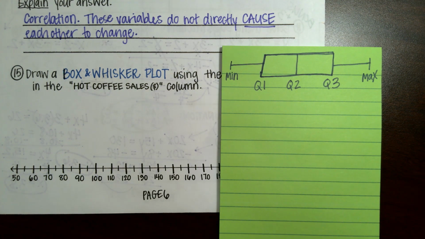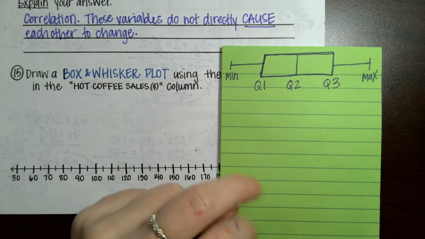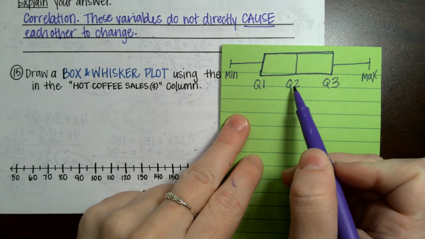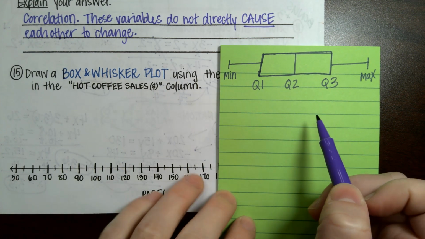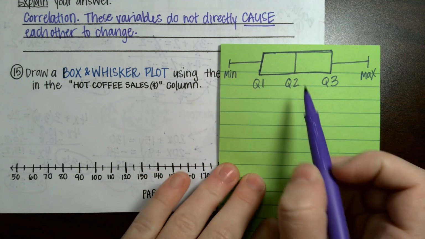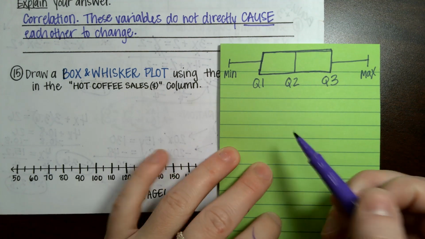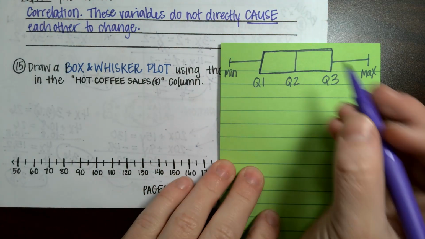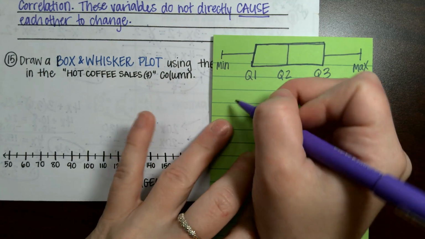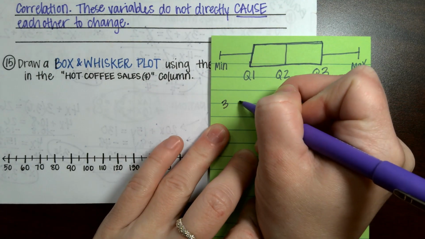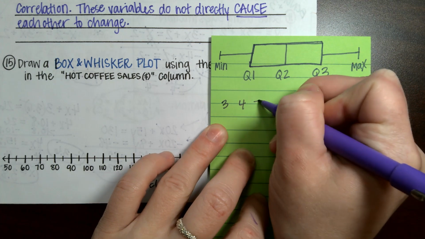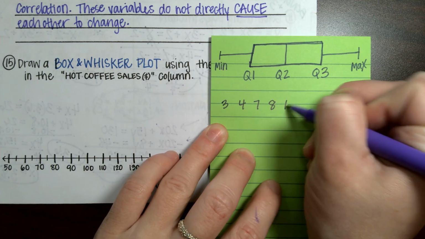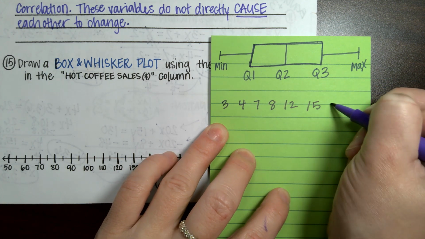Okay, so let's also talk about how we find Q1, Q2, and Q3. So whenever we have data values, let me give you just an example set of data. We'll do the real one here in a second. Let's say I have 3, 4, 7, 8, 12, 15, 20.